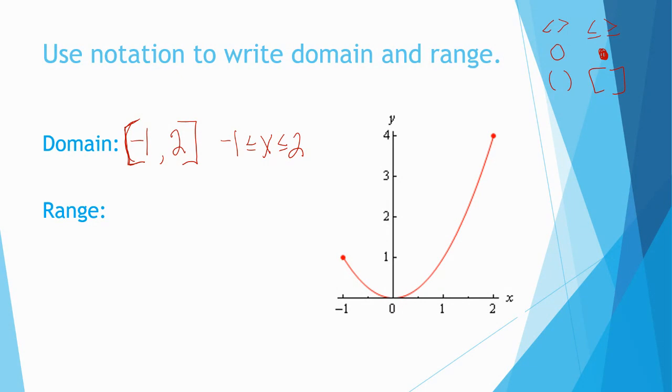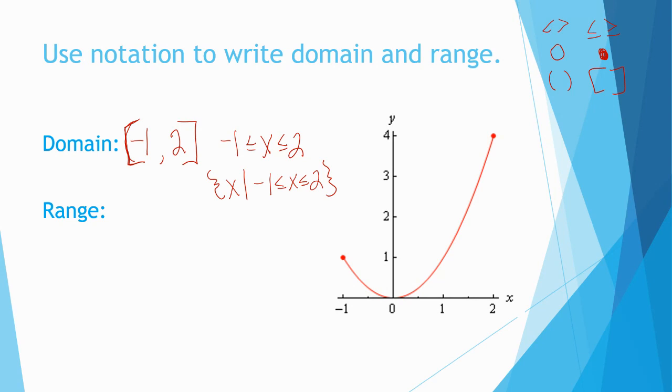So same numbers, you're just writing them a little different, whether using brackets or inequality, or even a little bit of both with set notation. To say that x such that x is between -1 and 2.